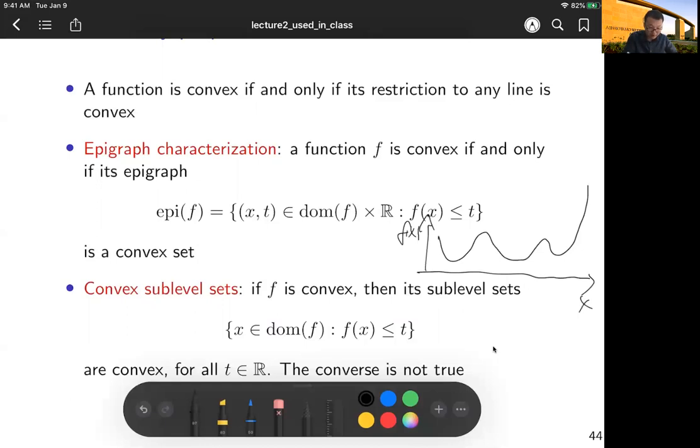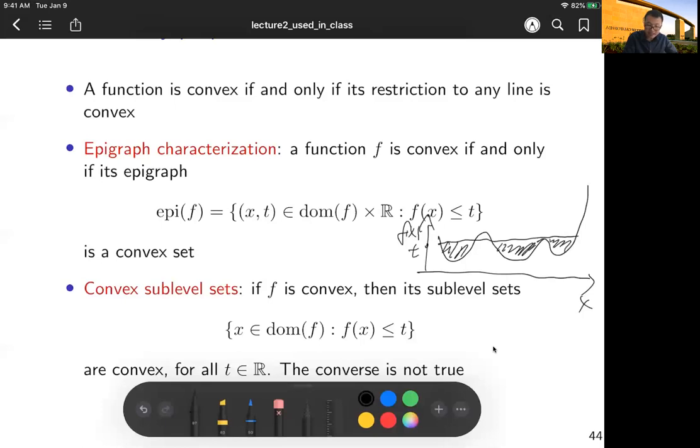What is an epigraph? The epigraph is given by a particular parameter t. The area above this function is the epigraph.